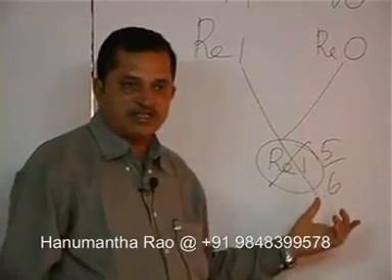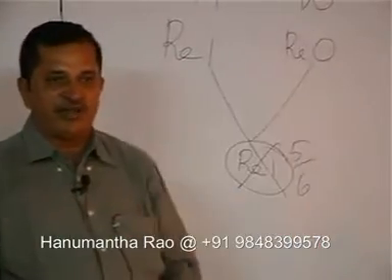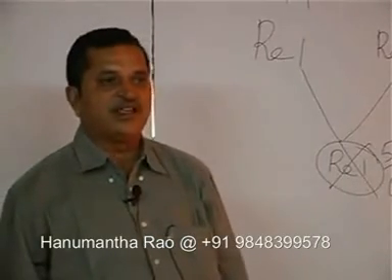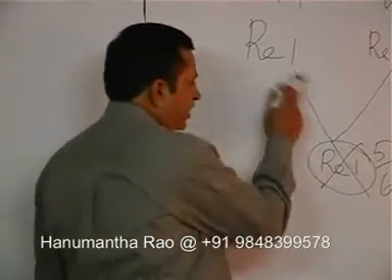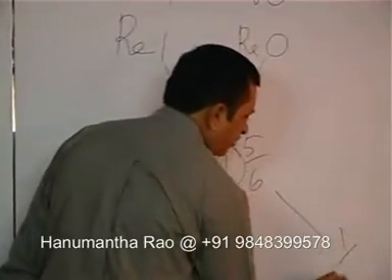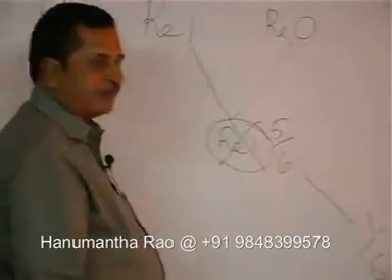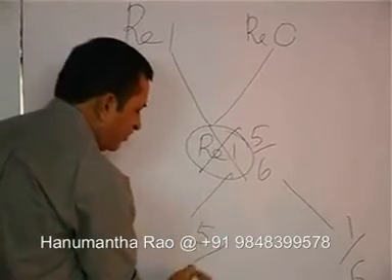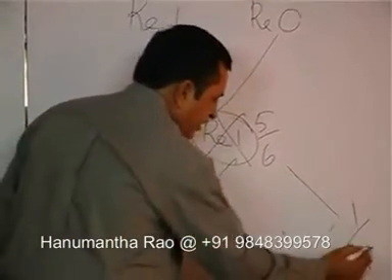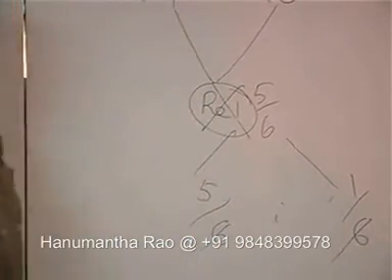This 5 by 6 worth he is selling for 1 rupee, saying that he is selling at the cost price. 1 minus 5 by 6 is 1 by 6. 5 by 6 minus 0 is 5 by 6. The ratio means 5 is to 1.